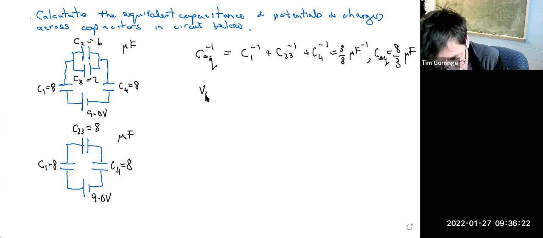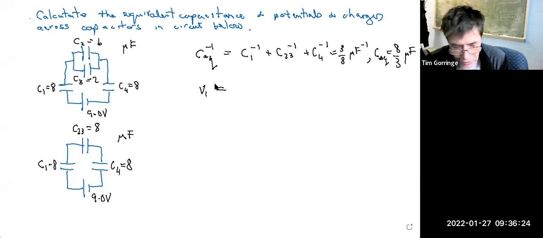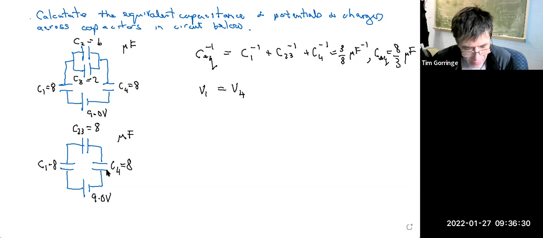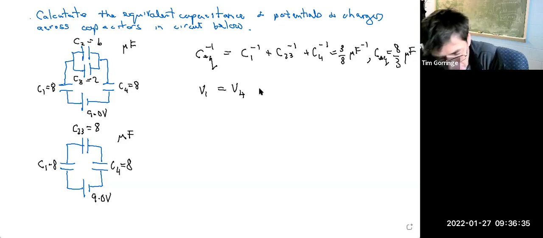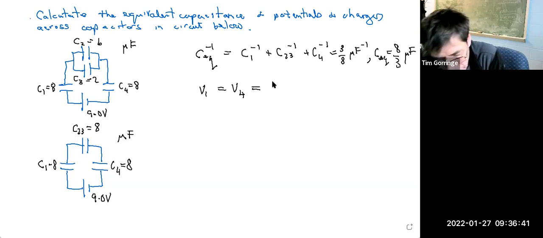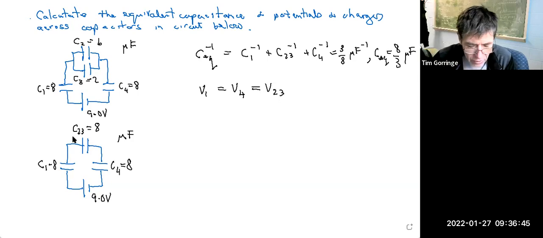So V1, which is the voltage across capacitor C1, will be the same as V4, which is the voltage across C4. And that'll be the same as the voltage across this equivalent capacitor C23, which I'll call V23, because they're all identical capacitors, so they all share equally.